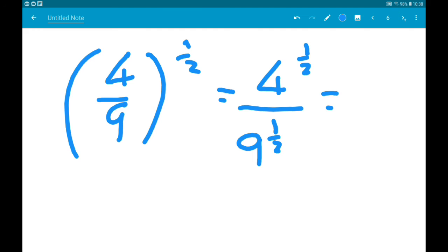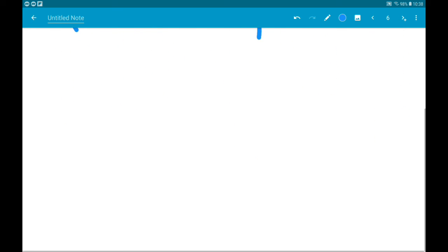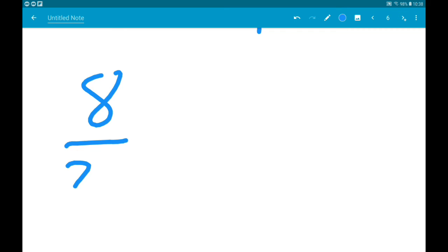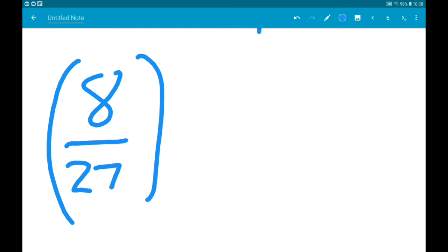So it's just the square root of both numbers. So that's going to be 2/3. What about something like 8/27 to the power of 2/3?